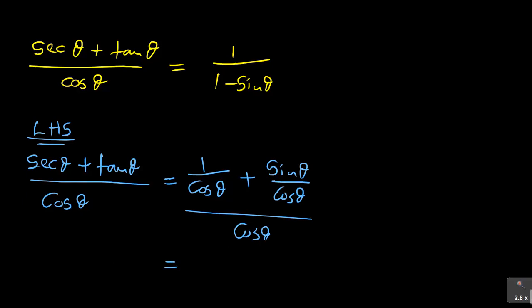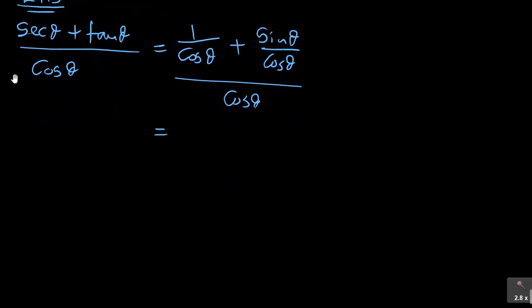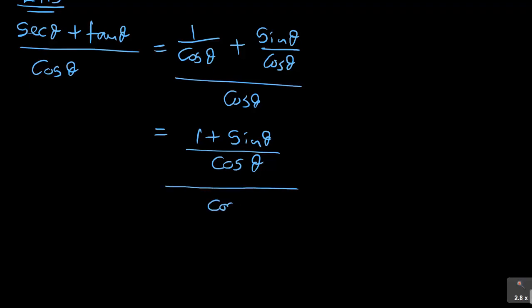Continuing, the common denominator on the top fraction is cos theta. So I will have cos theta, and then on top it will be 1 plus sin theta, and this is divided by cos theta.